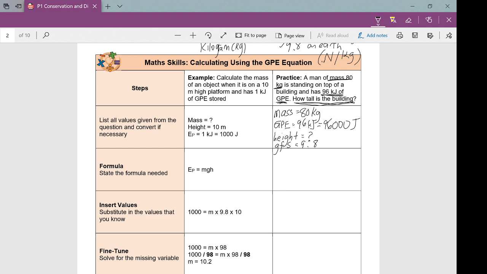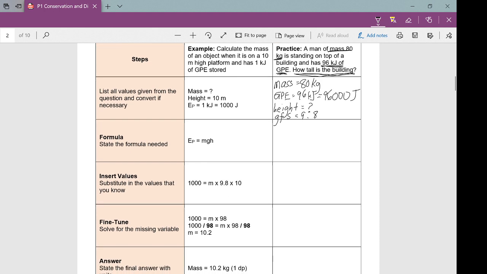Okay. Now, the first step is, remember, on an exam, I might not know what formula that I have to use. They might not have told me. I'm going to think back to what formulas include all of these values. What formula includes a mass, includes gravitational potential energy, includes height? Well, it is EP equals mgh.